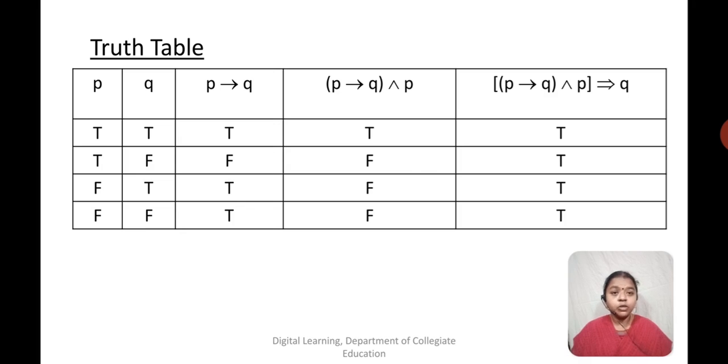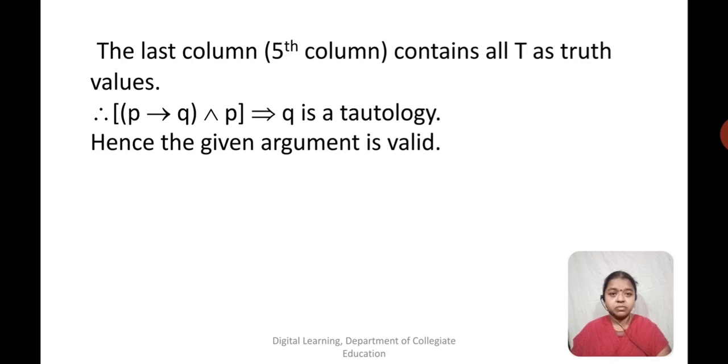Now, when you look into that, there are no such options. Either both are true, or both are false, or the first one is false and the second true. Since we do not have any false value, the fifth column entries, everything is T. So we say the last column, which is the fifth column, contains all T as truth values.